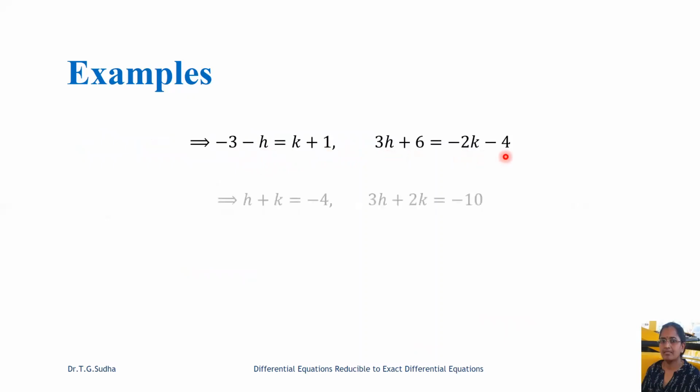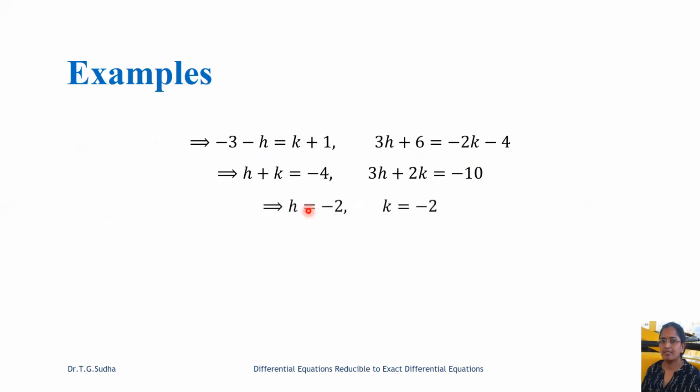Further simplifying this, we get h plus k is equal to minus 4 and 3h plus 2k is equal to minus 10. Now solving these two simultaneous equations, we get h is equal to minus 2 and k is equal to minus 2. Therefore, the integrating factor x to the power of h into y to the power of k is given by x to the power of minus 2 into y to the power of minus 2, and that can be written as 1 over x square y square.